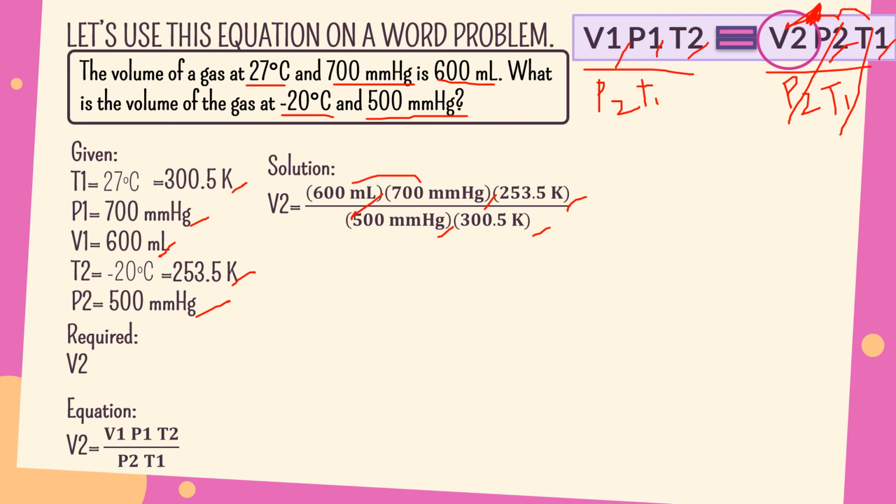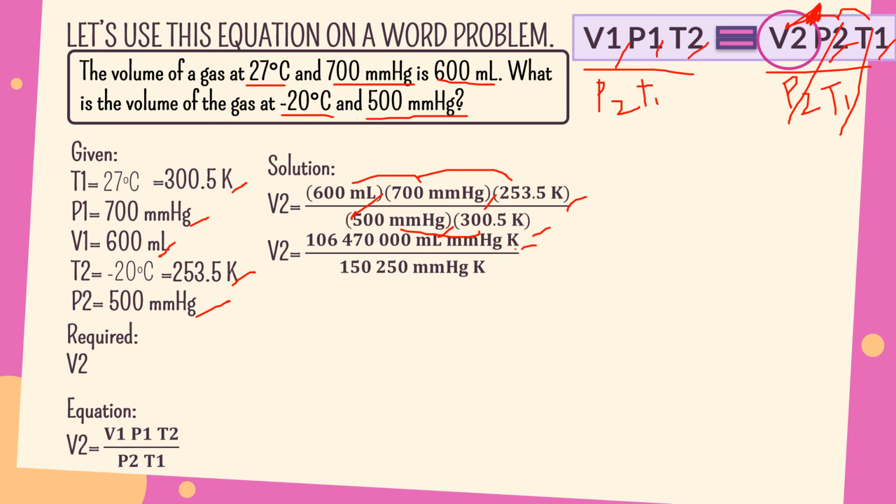So get the product of these three and the product of these two. So 600 multiplied by 700 multiplied by 253.5 Kelvin, we will have 106,470,000 millimeter of mercury Kelvin. And for the 500 millimeter of mercury multiplied by 300.5 Kelvin, we will have 150,250 millimeter of mercury Kelvin.